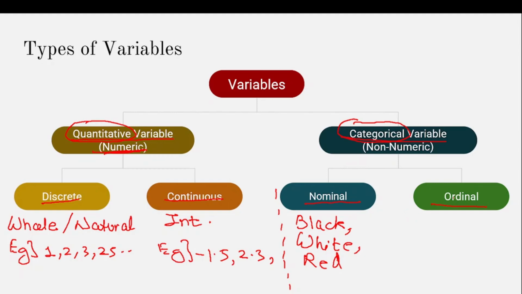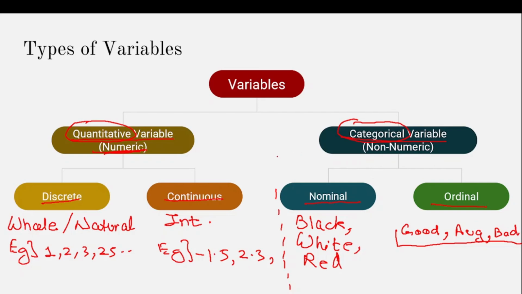On the other side, the ordinal variables, as the name suggests, are the variables which can be ordered in some particular sequence. For example, if I say rating given by customers, it can be good, average, or bad. We can arrange them in some order, right? So these will be our ordinal variables.